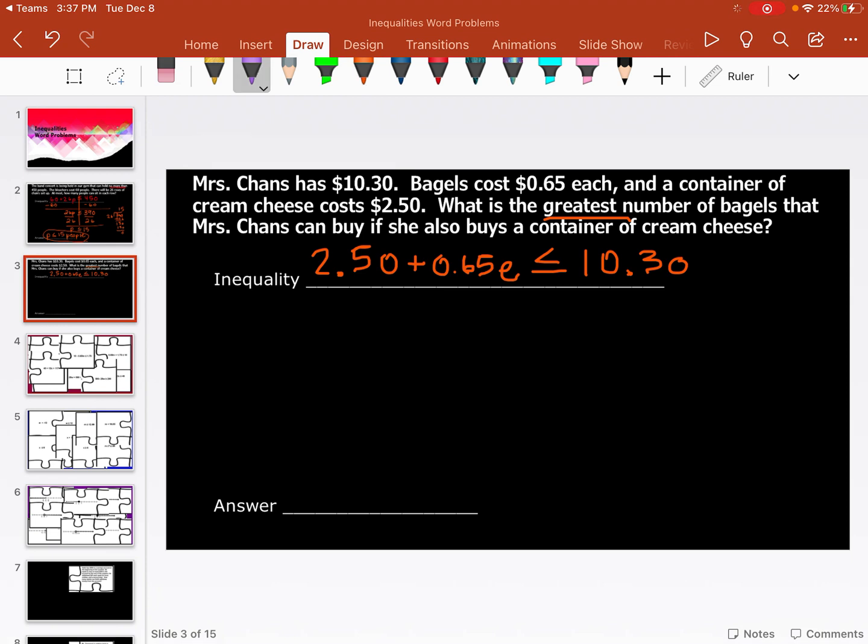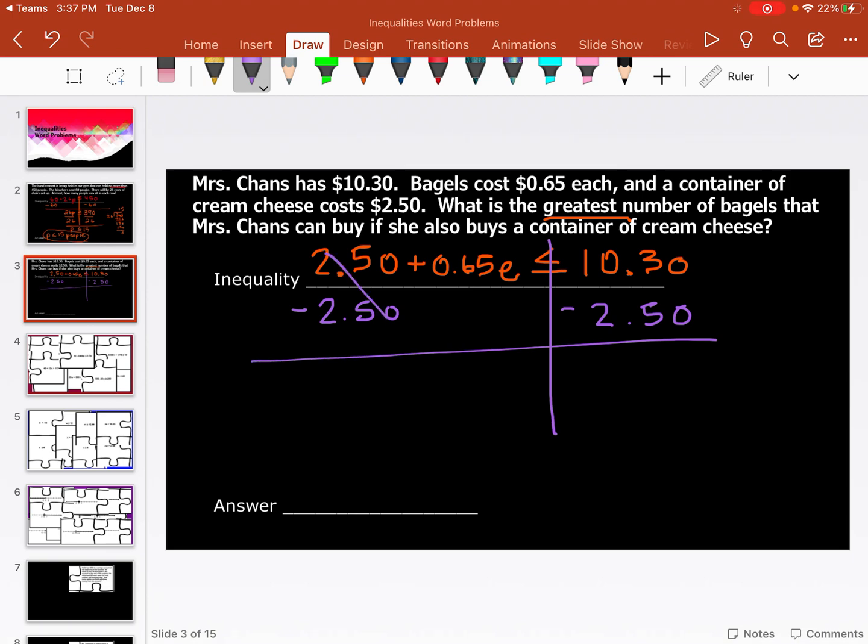So now that we've got our inequality, we're going to go ahead and solve. So I'm going to subtract 2.50 on both sides. Okay, 2.50 goes away. I'm left with 0.65E is less than or equal to, and then 10.30 minus 2.50, you're going to have to borrow here.